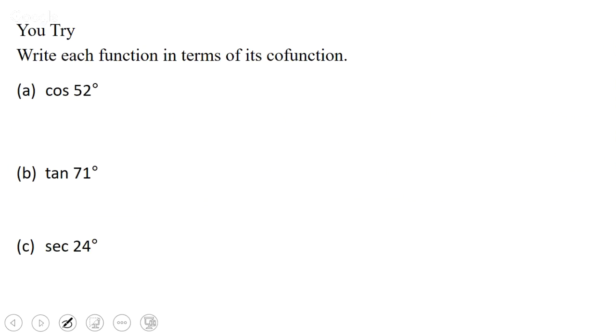Okay, try these. Write each term in terms of its cofunction. So cosine of 52 degrees, well, its cofunction is sine of 90 minus 52. Well, 90 minus 52 is 38.